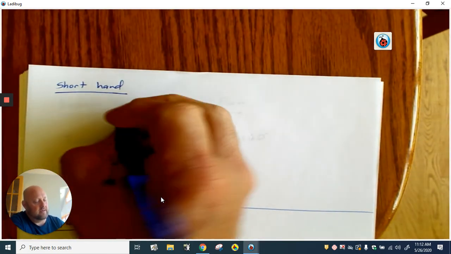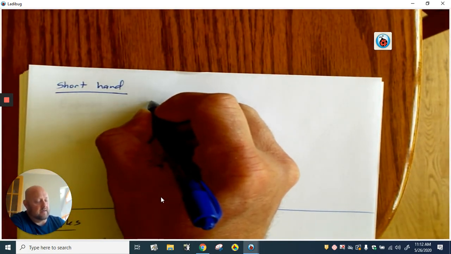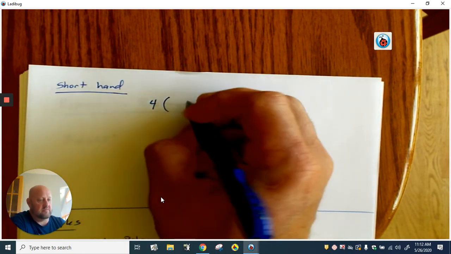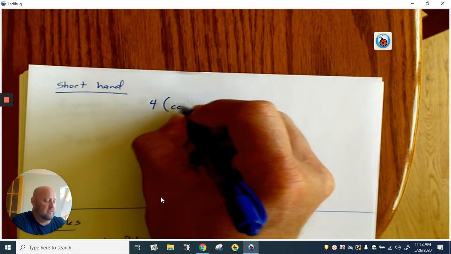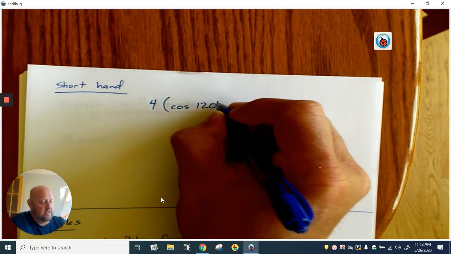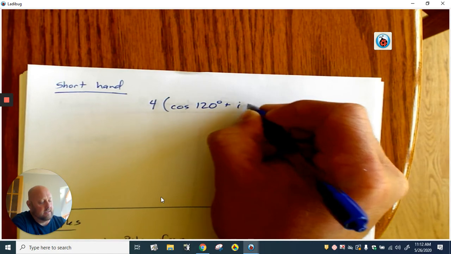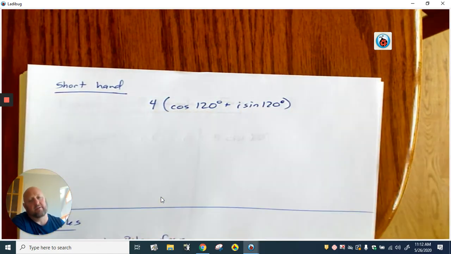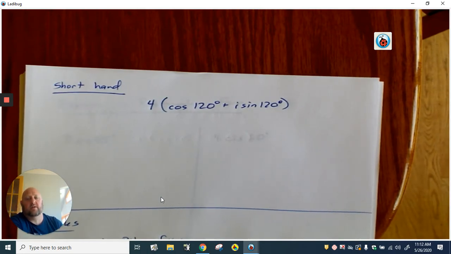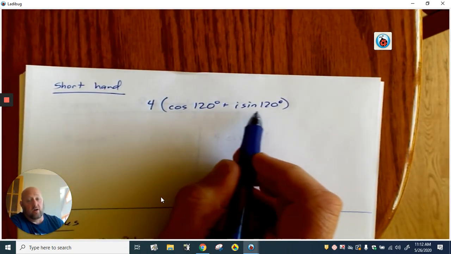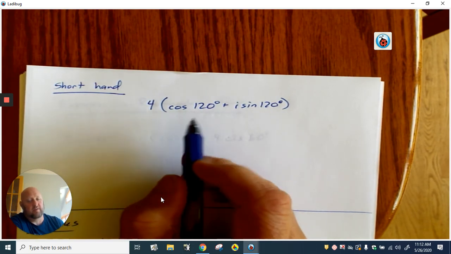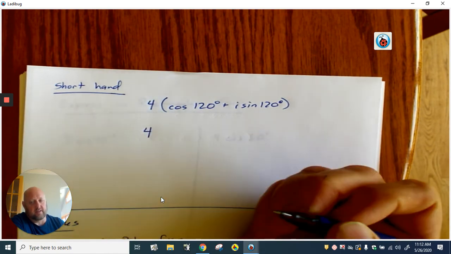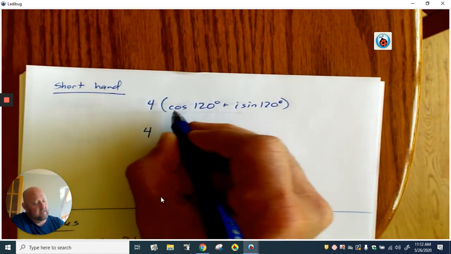If you take the number 4 times the quantity cosine of an angle, say 120 degrees, plus i sine of 120 degrees, this is an example of a polar imaginary number. This is a long number. Well, the shorthand version is we need the 4. That's the radius. We need that.